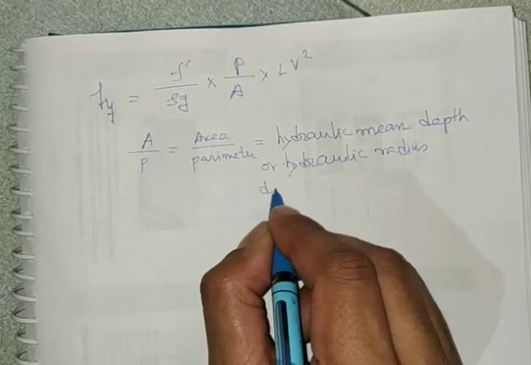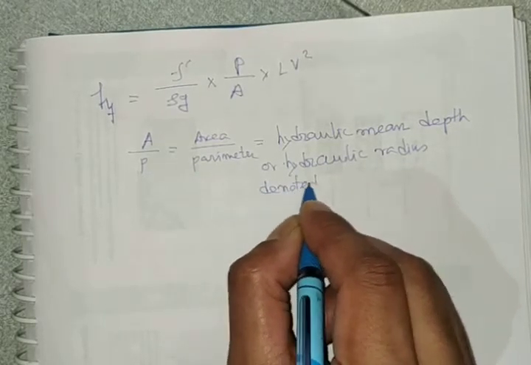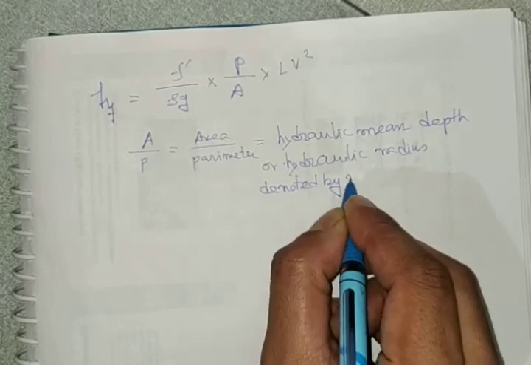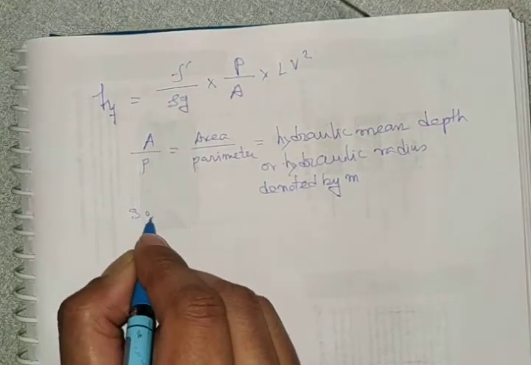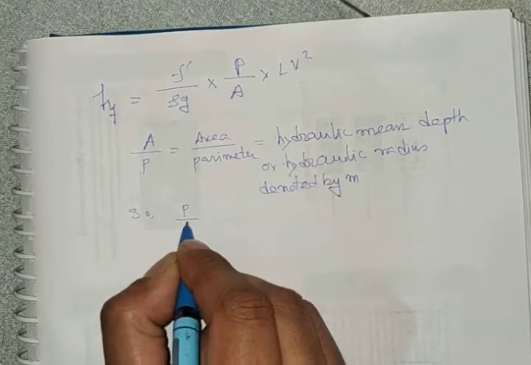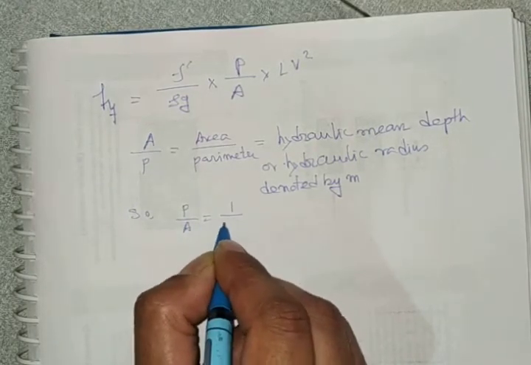It is denoted by m. So P by A is equal to 1 by m.